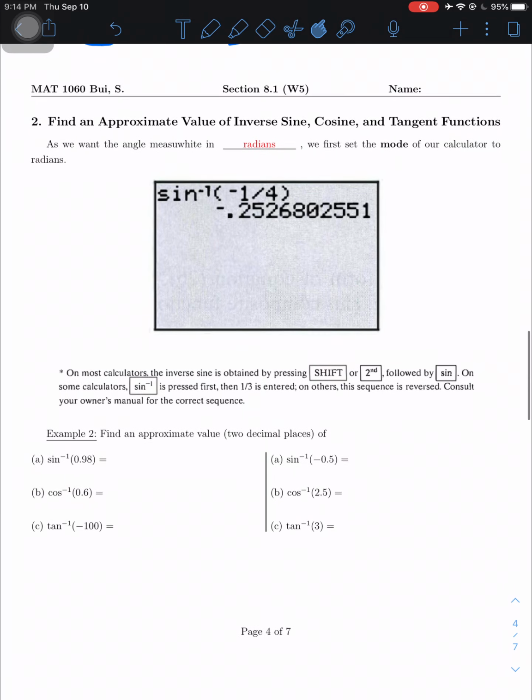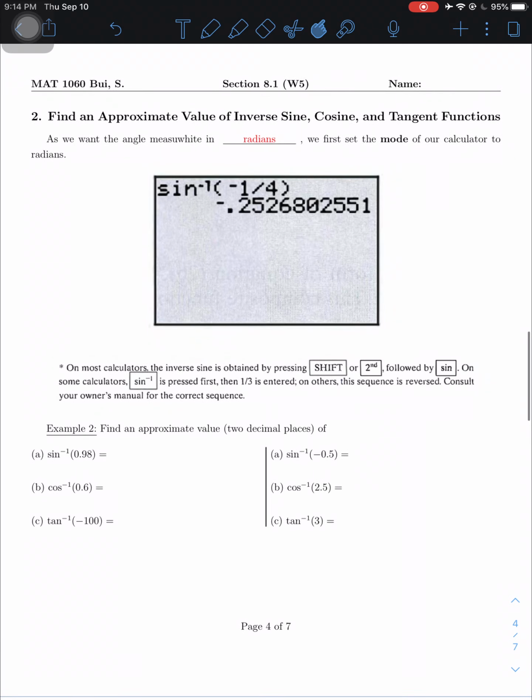Okay, and then this one is easy, and I promise you guys I'm not gonna test you about this, okay? All you need to do is pull up your calculator, turn it on, and make sure you know how to set it to radians. If you don't, you just have to Google or YouTube your calculator on the internet, and try to figure out how to set your mode to either radians or degrees, okay?